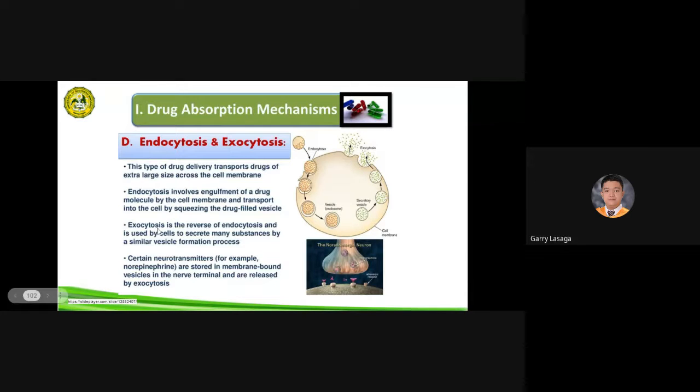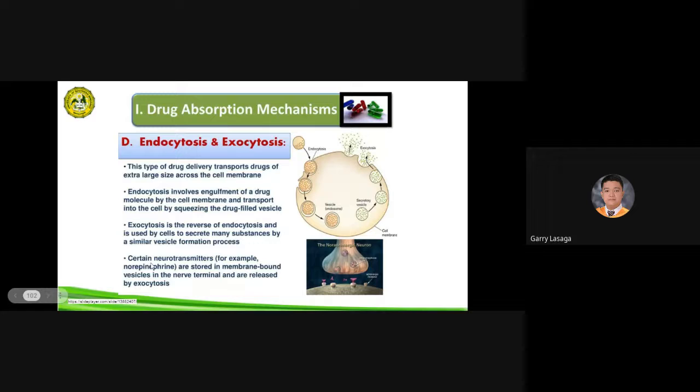Exocytosis is the opposite. It is used by the cells to secrete many substances by a similar vesicle formation. So it will release molecules to the outside of the cell.